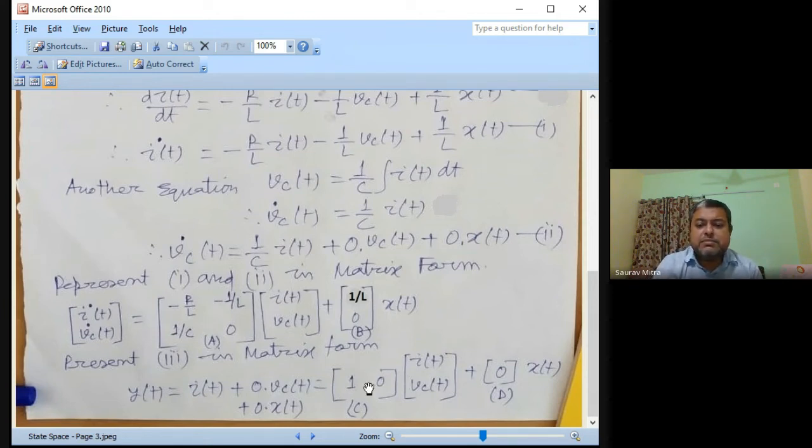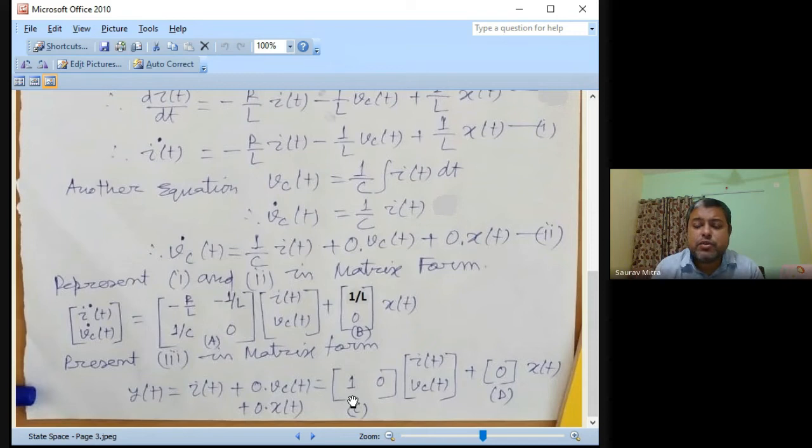And finally, there come the C and D matrices. The C matrix is called the output matrix. The dimension of this is 1 cross n. 1 is nothing but the number of outputs. I told you that this can take care of multi-input, multi-output systems. So if there are two outputs possible in the system, in that case the C matrix also will be 2 cross 2. So here 1 cross 2, what is 1? 1 is the number of outputs.